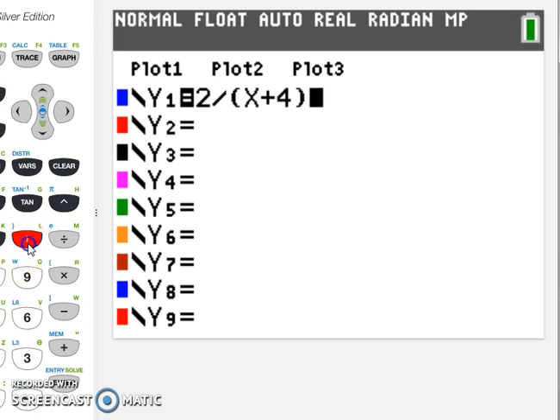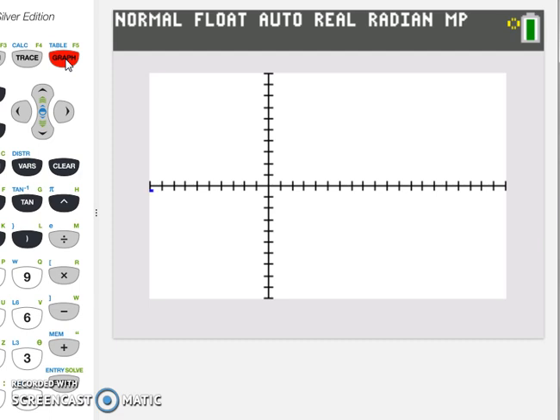Then the second function we're going to put in y2, and that was 7 divided by x minus 3. We're going to hit graph. My window is still the same from the last question, but we can change it back to standard or leave it this way. It doesn't really matter.